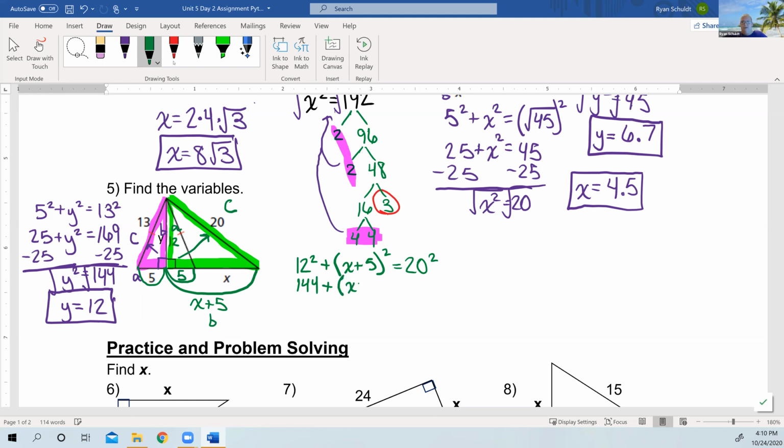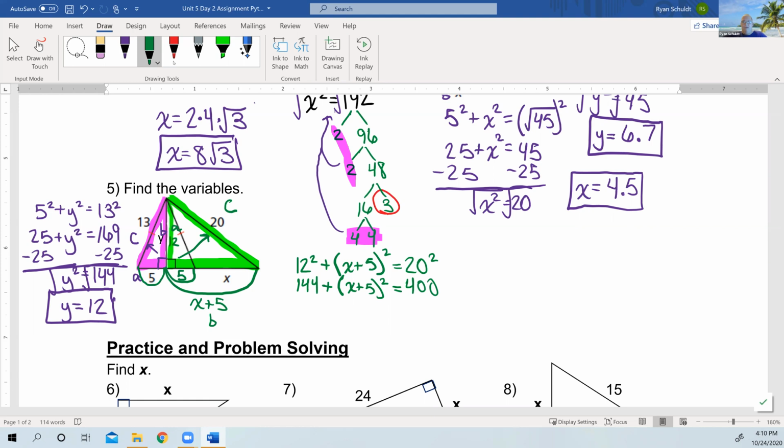Again, I'm just going to leave my x plus 5 in parentheses. Treat it as one big giant x. That's all it is, one big giant x. 20 squared is 400.